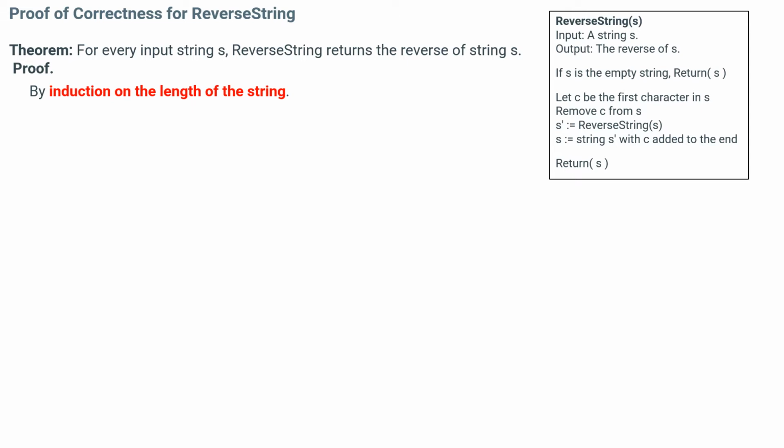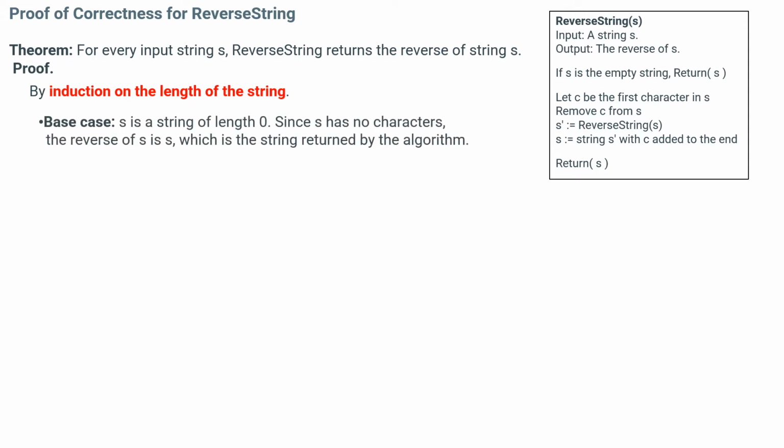We're going to start out by showing that it's true for the very base case, which is a string of length 0, which is the empty string. We'll show that it works for that.